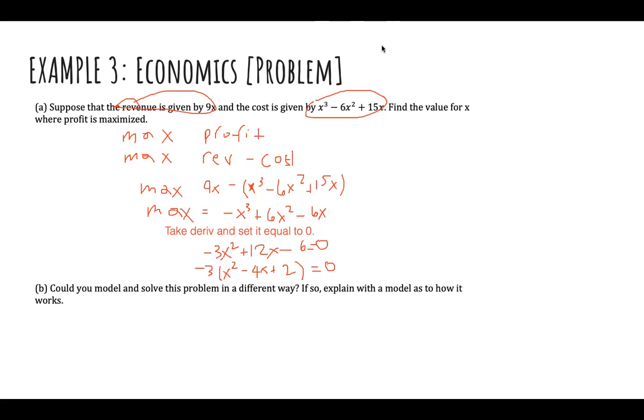And then I want to use factoring or some type of quadratic formula. So actually, I'm just going to do the quadratic formula here. So I'm going to let a equal 1, b equal to negative 4, and c equal to 2.